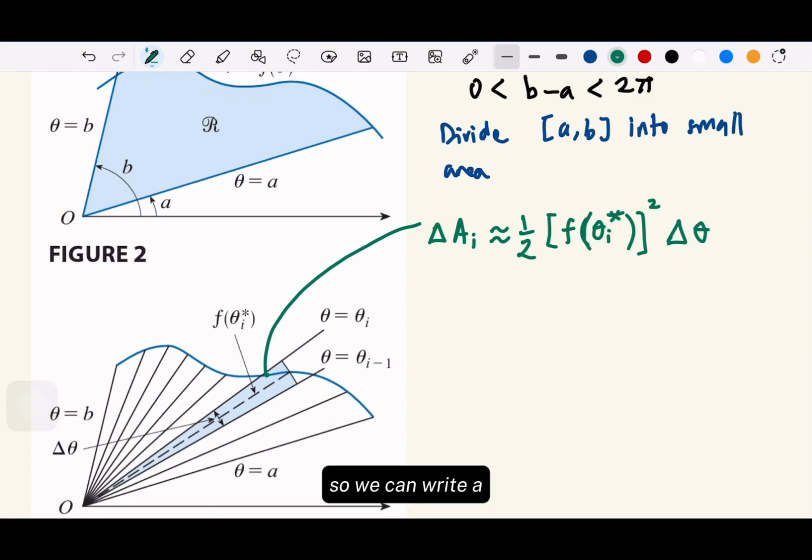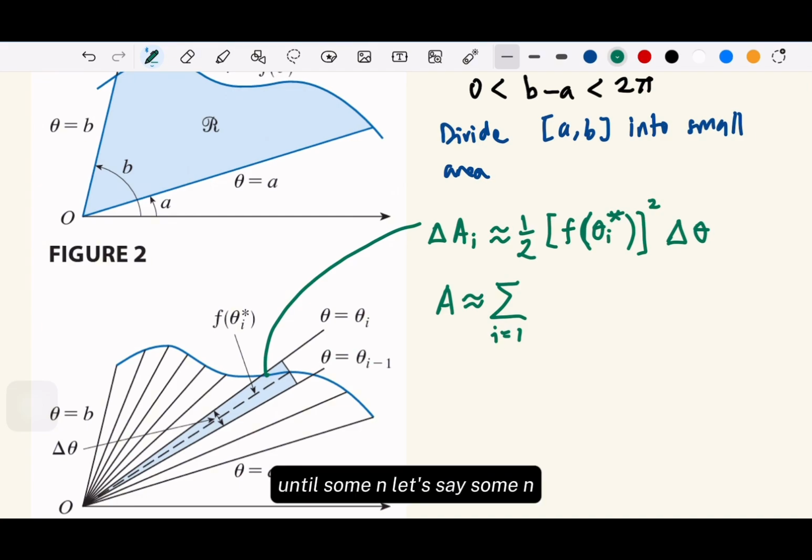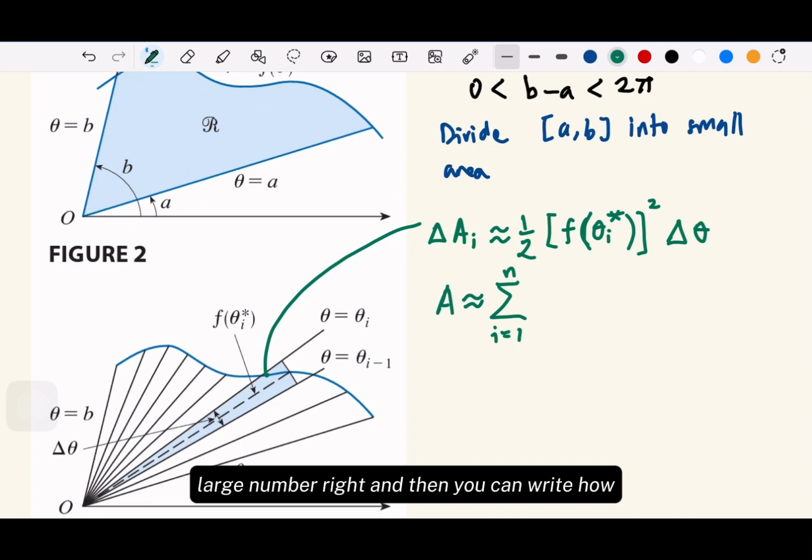So we can write A approximately equal to the sigma from i equal 1, from the sample 1 until some n. We can make n as much as possible, a large number, right? And then we can write half.